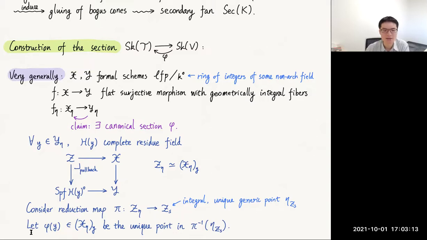And this is where the point y should go under this canonical section. It works in general for all these formal schemes. But the idea is very simple, because eventually we are working with line bundles and divisors, so it's just like how we pull back divisors.